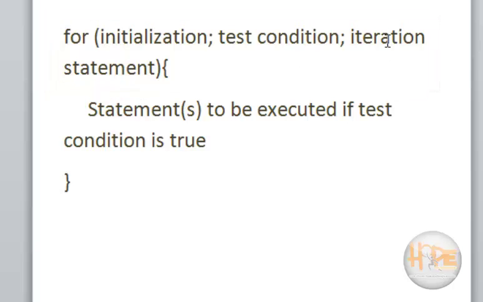Iteration is used to increase or decrease our counter, or this local variable. So this is a very simple syntax for the for loop, and we have to write all three in the same line, separated by semicolons. To clear your idea about the for loop, let's go through a simple example.